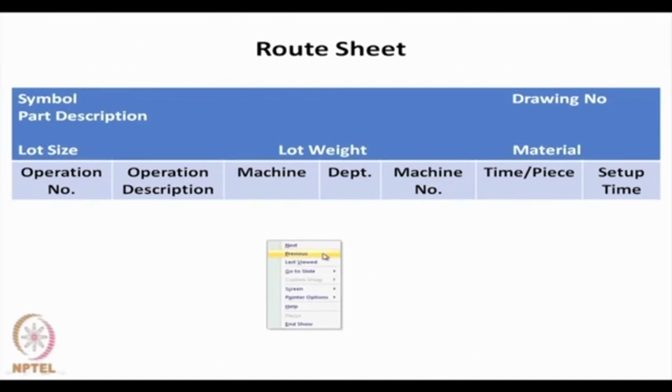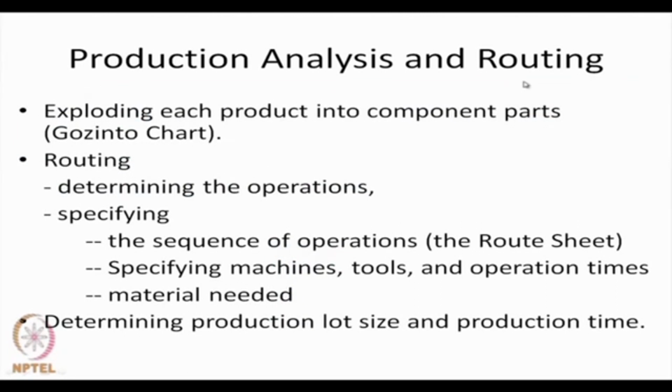So, in the product analysis and routing, we explored each product into component parts, then we also do routing, in which we determine the operations and specify the sequence of operations through the route sheet, which we have now shown, and then we can also specify the machines, tools and different times and material needed, and also determine the production lot size and production time.